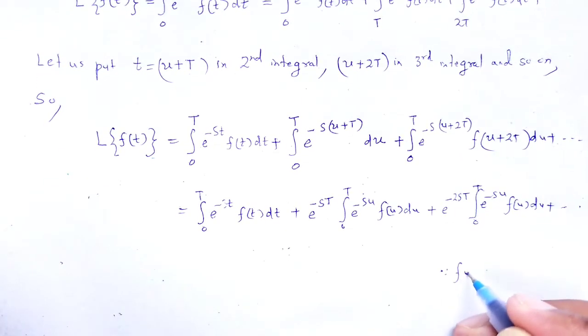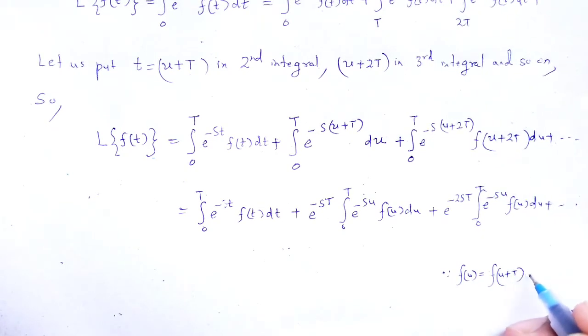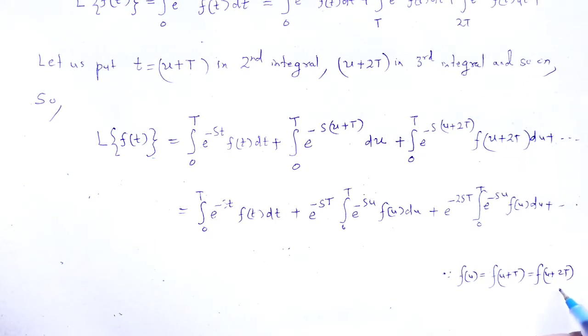as f of u is f of u plus T, that is a periodic function, f of u plus 2T.